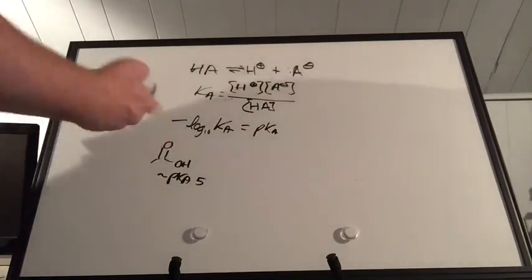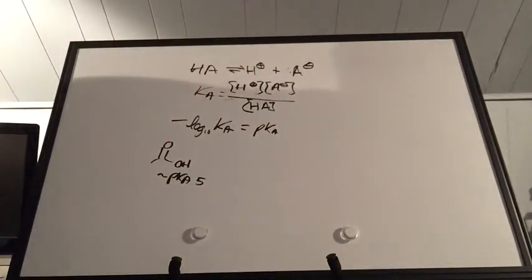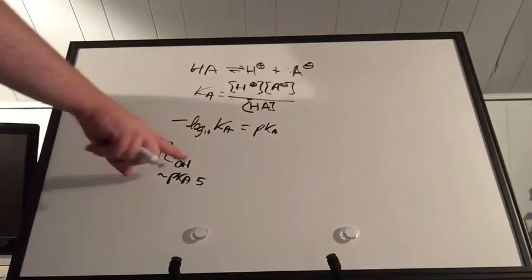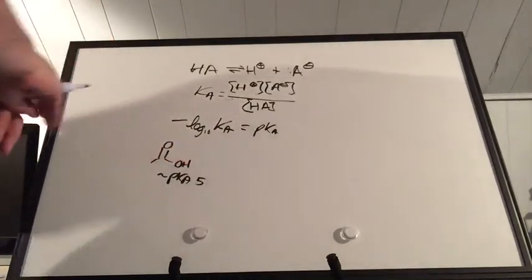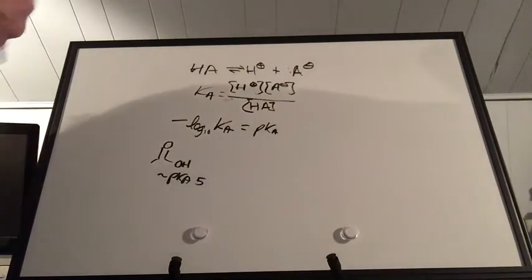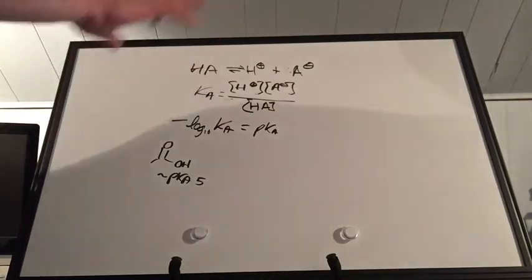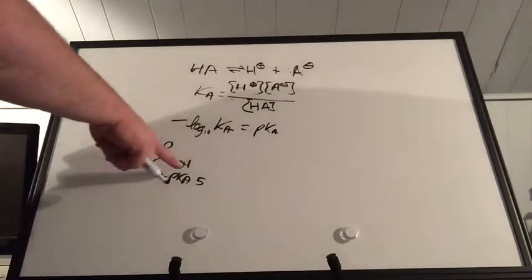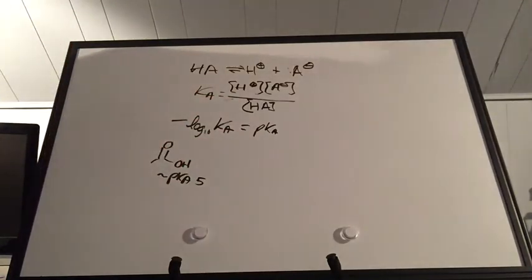Now, if you put that into, let's say, physiological pH, so 7.4, 7.2, somewhere in that neighborhood, that hydrogen is going to be fully dissociated. Okay, so if it's lower than that, let's say if it's about pH of 4, this is going to be fully protonated. Okay.